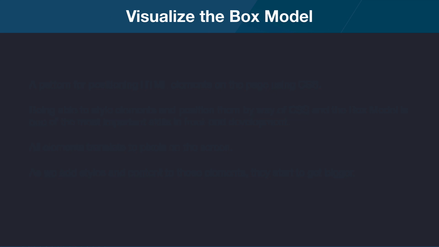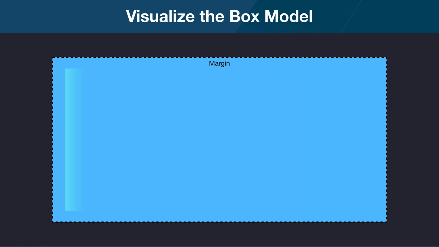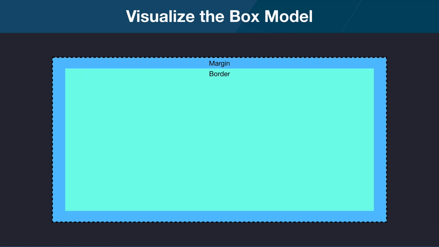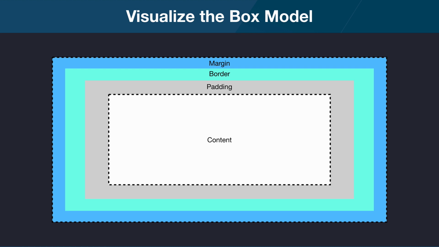The outermost concept of the box model around every single element is this idea of margins. Then we have a border that goes around our element, as well as some padding. You can think of padding as the space between your content and your border. And then, of course, the content itself.